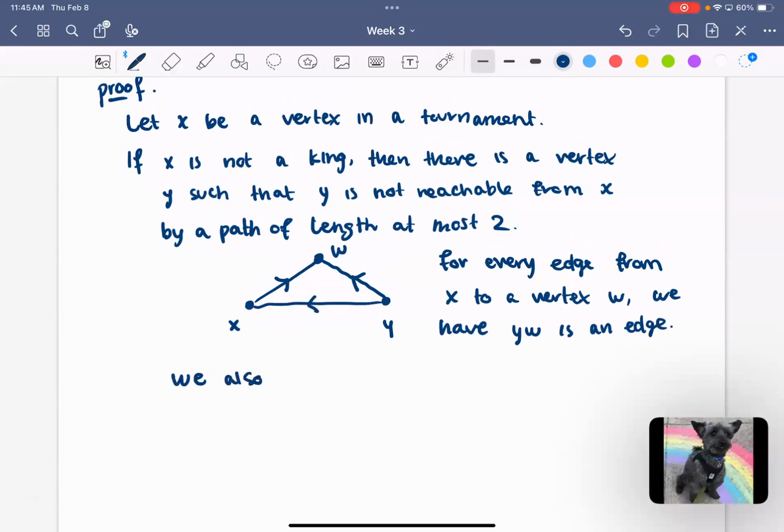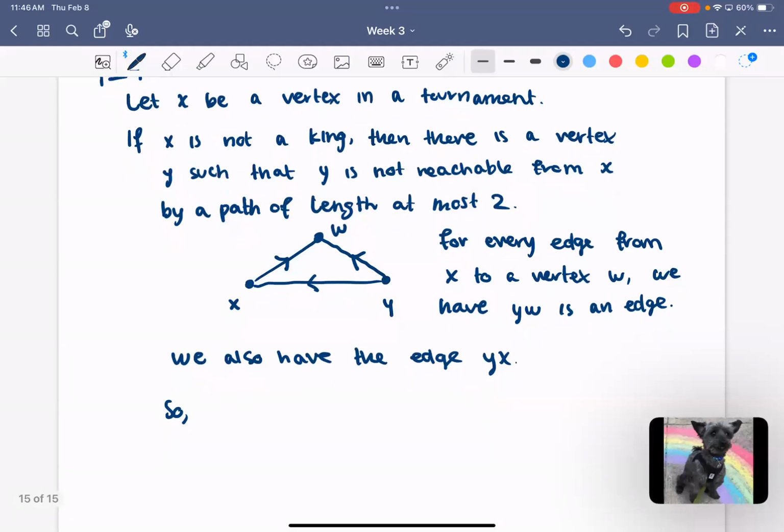We also have the edge YX. So that means that the out degree of Y is strictly larger than the out degree of X. Okay, so let's again recap why that's true.